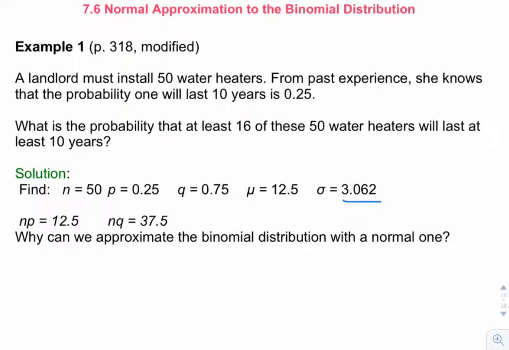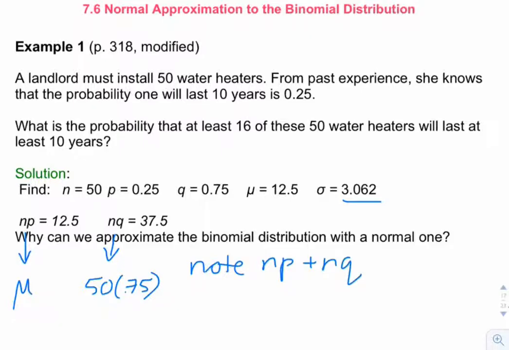Now we also wanted to know what NP and NQ were. We've given them here, so remember again that NP is just the mean, and NQ would be 50 times 0.75. So just note that these two, NP plus NQ, add up to 50 in this case.